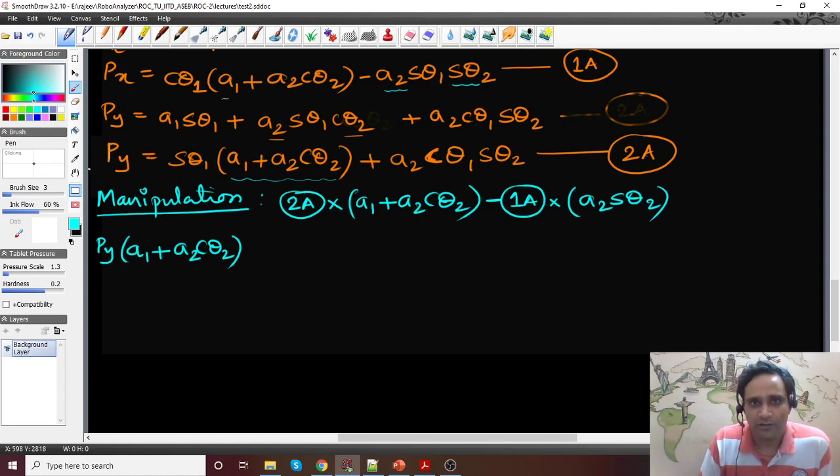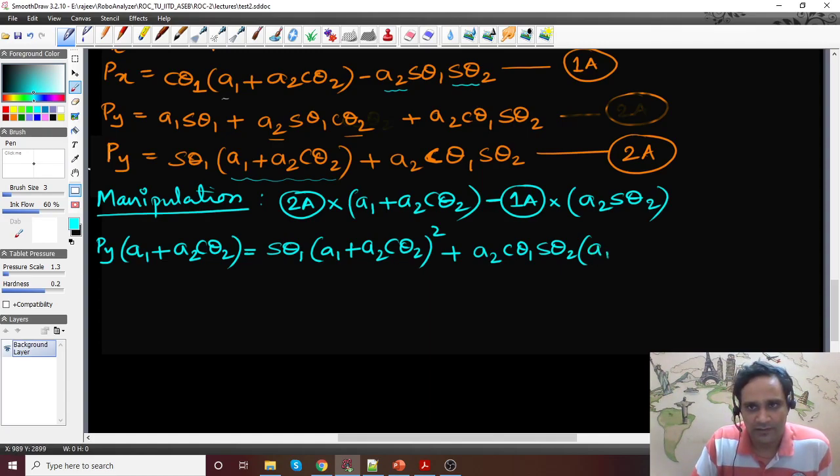On the right hand side also we'll have to multiply with this term, is equal to sin theta 1 into the whole square, basically a1 plus a2 cos theta 2 whole square, because it is multiplied, plus the second term here a2 cos theta 1 sin theta 2 into this term, that is a1 plus a2 cos theta 2. That is what we have done for the first expression.